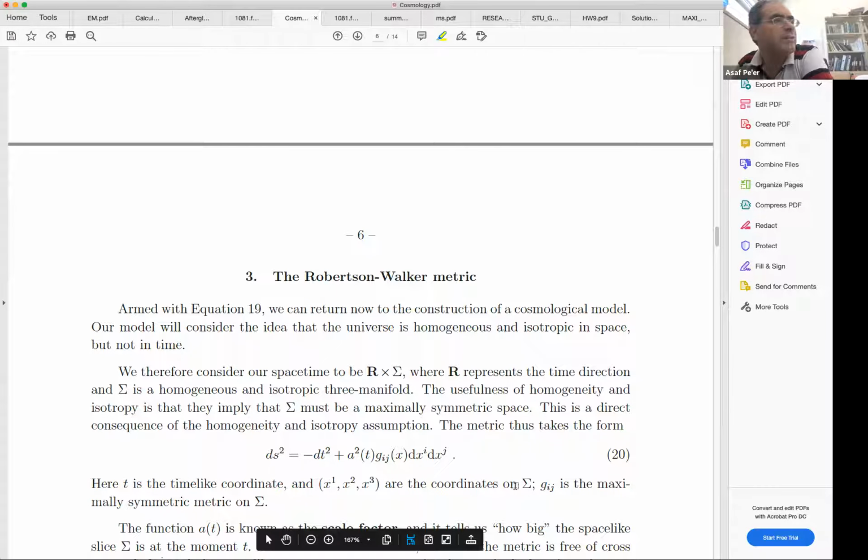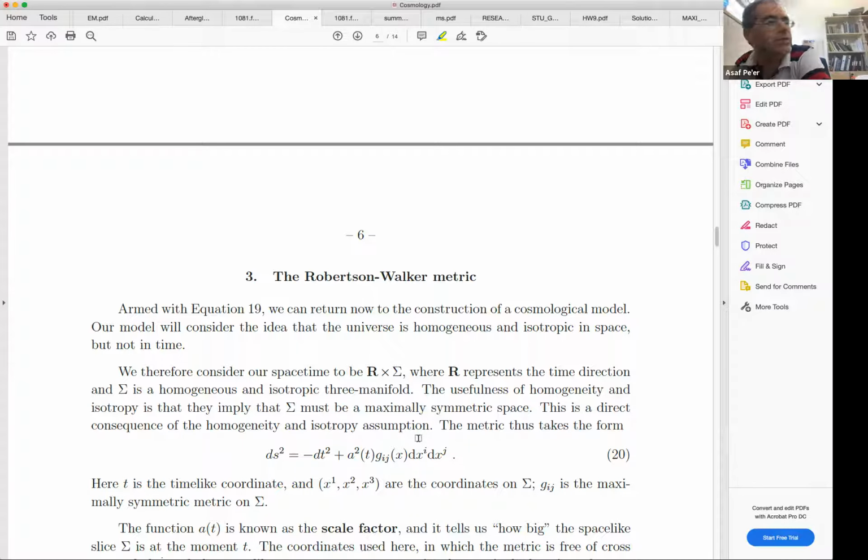So we have a metric which has a homogeneous and isotropic spatial part. So I can write down the metric as ds squared is minus dt squared plus a squared of t, which is a general function which depends on the time, times g_ij of x dx^i dx^j. All right, so t is the time or time-like coordinate, and x1, x2, and x3 are the coordinates representing the spatial part of the universe.